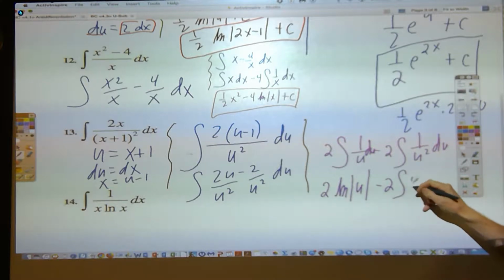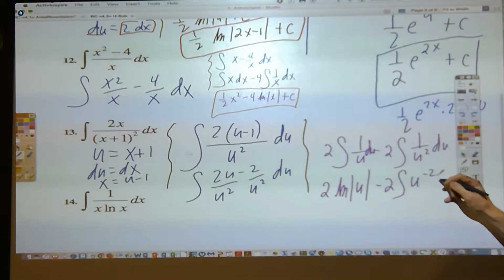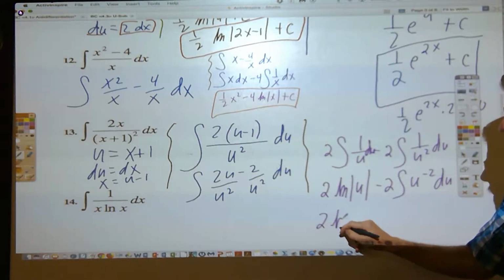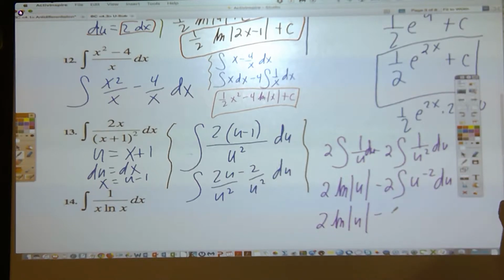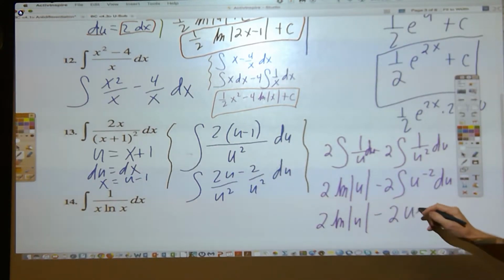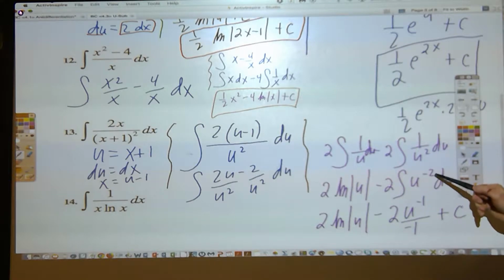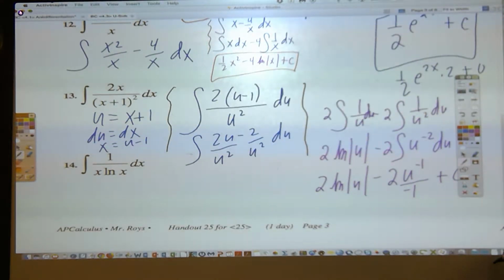Perhaps I should write it like this. I don't want to be doing stuff in my head where you can't follow it. So 1 over u squared is u to the negative 2. So I believe we're going to end up with 2 natural log absolute value u minus 2 u to the negative 1 over negative 1 plus c. Don't get tricked into thinking that's u to the negative 3 over negative 3. No, we add 1 to the exponent, divide by the new exponent.